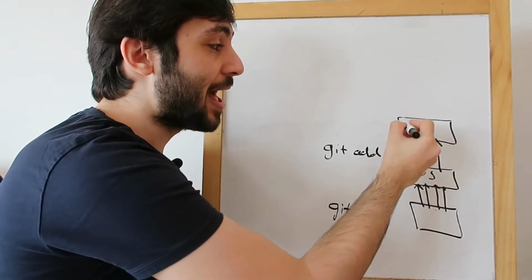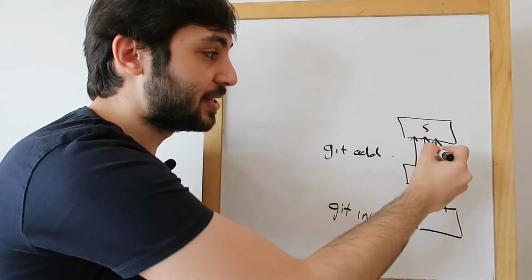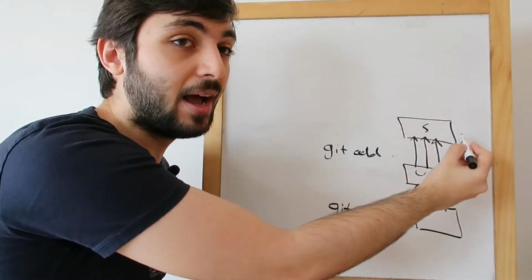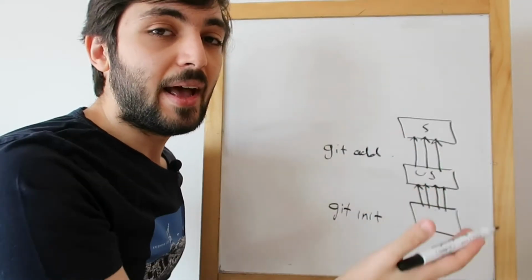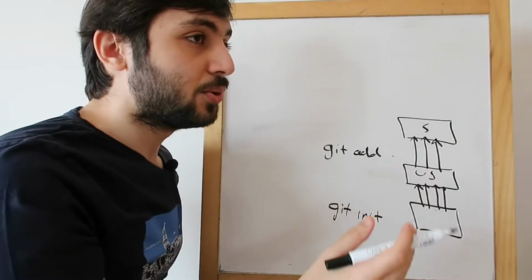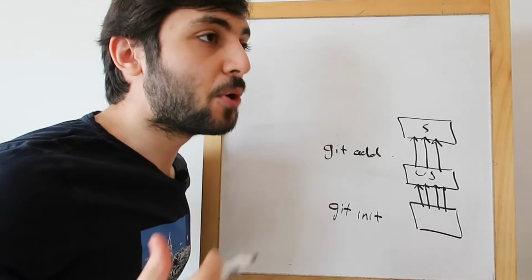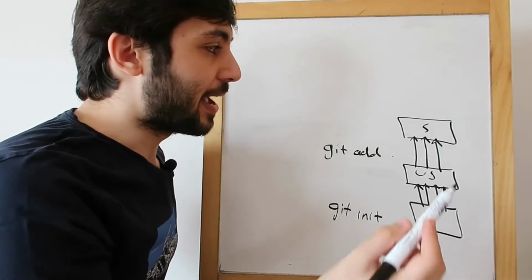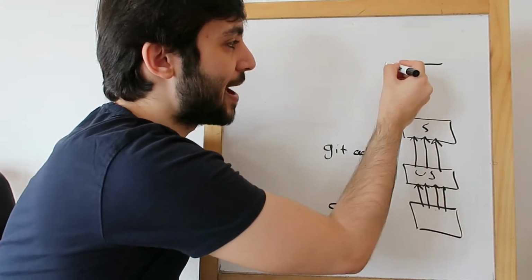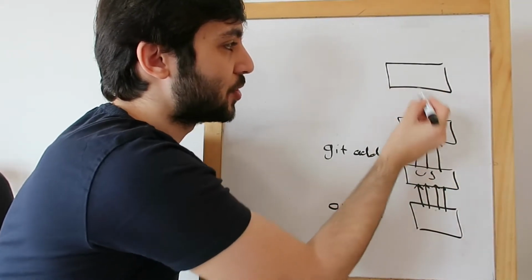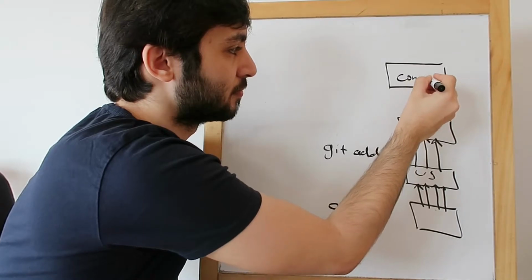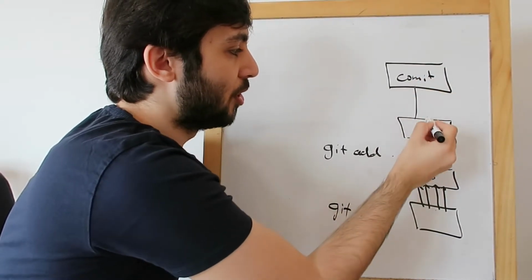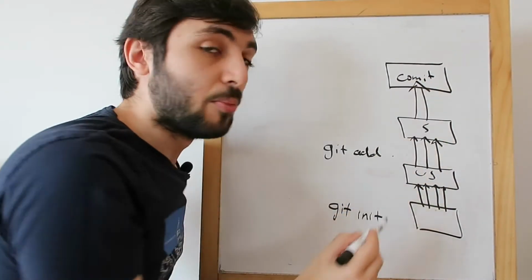Okay, so now you have a lot of changes here in this area, and you want to move them another step forward to the place where you commit these changes. You can commit them as a group, as a single commit.